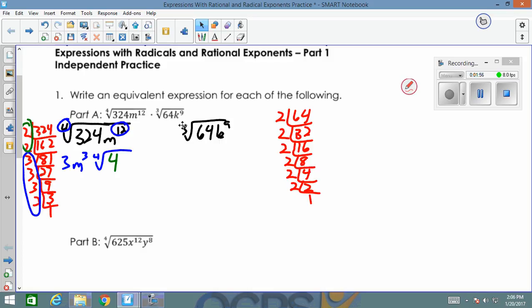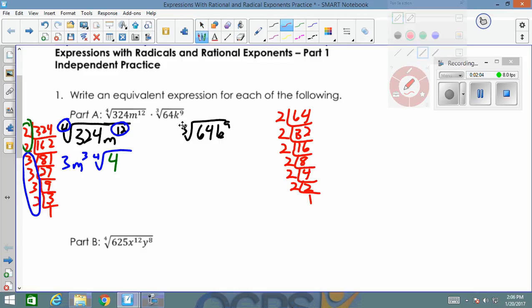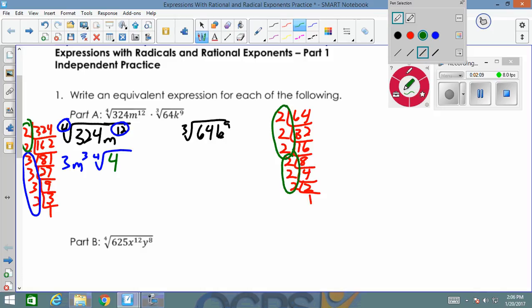This time we're looking for groups of 3. 1, 2, 3. 1, 2, 3. So there's 2 groups there. So it's going to be 2 times 2, which gives me 4. Nothing left over, so we have nothing there.